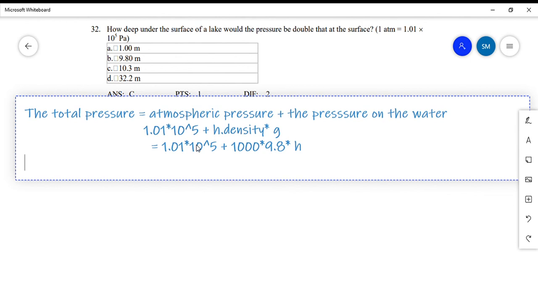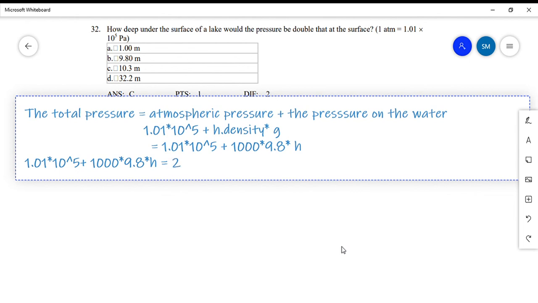So he wants to know what is the height that makes the total pressure equal to double the atmospheric pressure. So all we have to do is make an equation: 1.01 times 10 power 5 plus 1000 times 9.8 times the height is equal to double the atmospheric pressure.